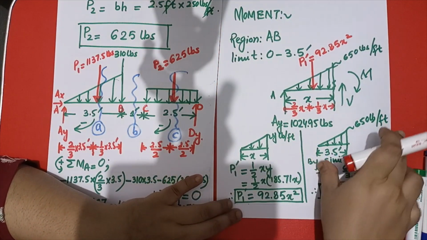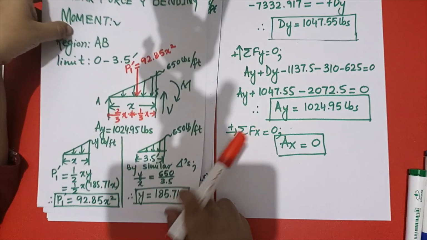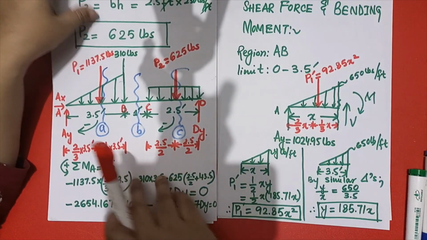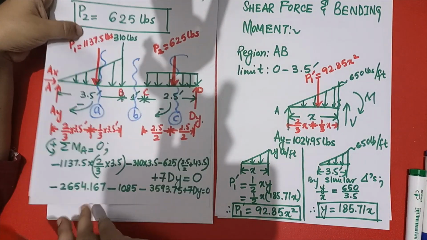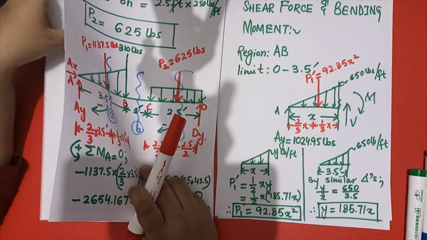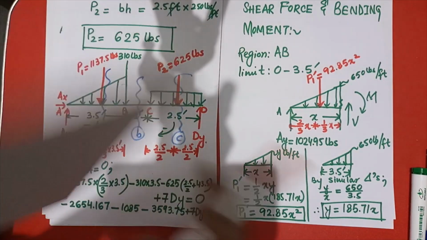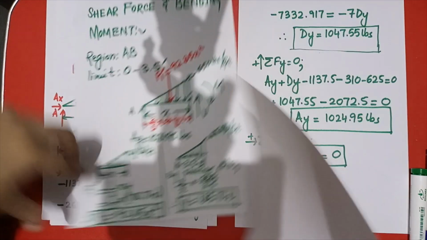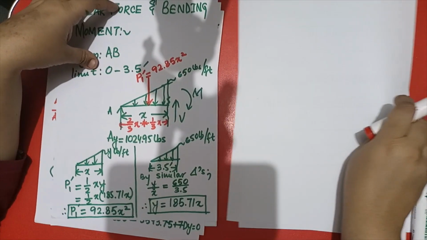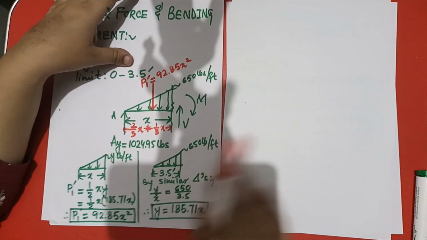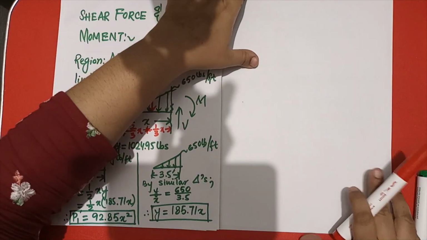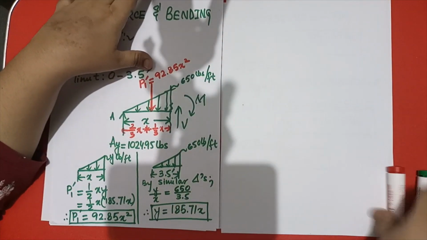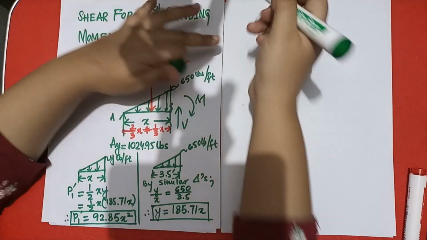In the next step, I have to make the shear force and bending moment equations. So let me put this page here, and I am going to make the shear force equation. I'm taking the green marker.